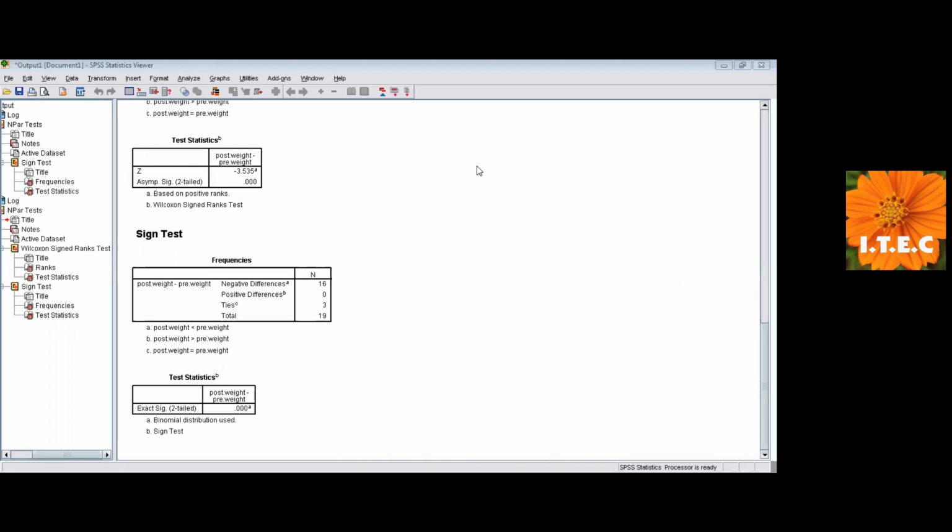So here n is 16, and the counts are 0 and 16. And your sign test is significant. It is significant at 0.01 level.